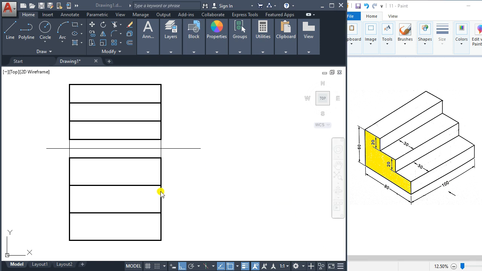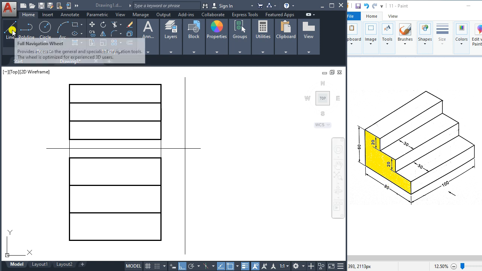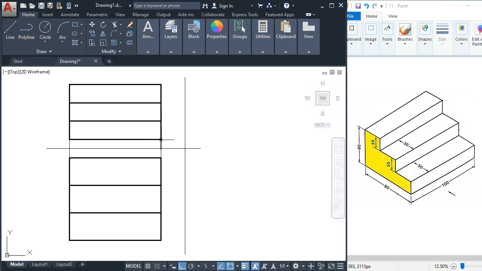To draw that, we'll take one more reference line here in the vertical direction, approximately like this, and here we'll take projection lines. Actually we could take projection lines from all the points, but we'll directly draw by measuring dimensions from the view. So we'll take projection lines only from the top and bottom lines.